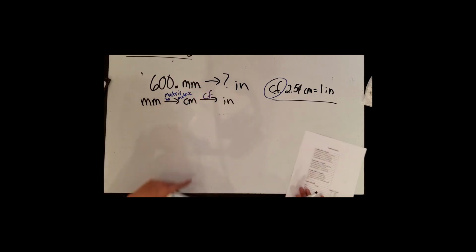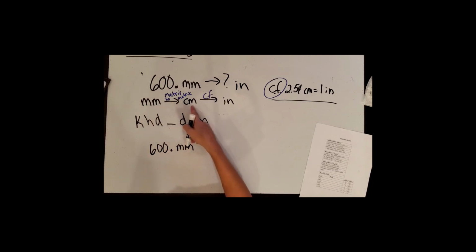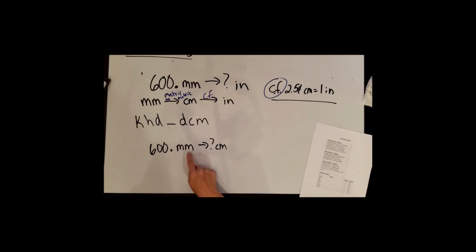So let's do this step first. This is where I need to know that scale, the KHD space DCM. Okay, and I'm taking the number 600 millimeters, and I'm trying to get it to centimeters. So to do that, it's going to go in my empty space, meter, meter. So we're going to put an M there.